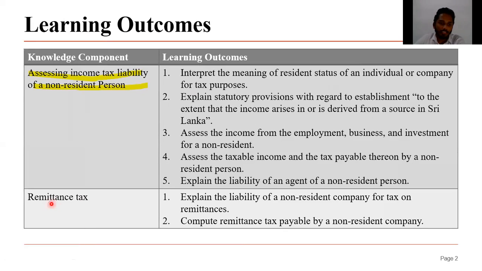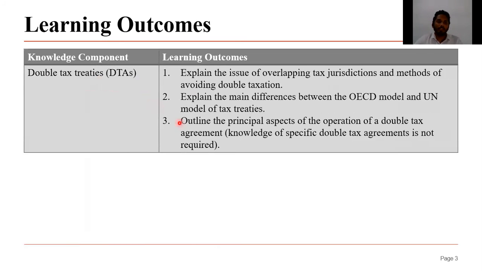We will go through one by one how to calculate remittance tax and non-resident income tax liability, and the applicable provisions. The other relevant area is double taxation. Then we will discuss the difference between the OECD and UN models, by taking some double tax avoidance agreements.